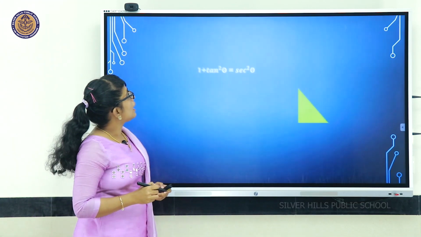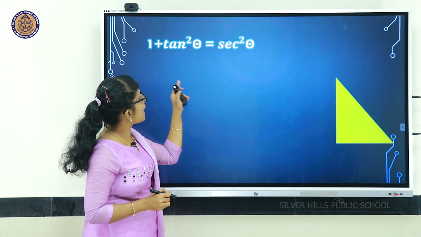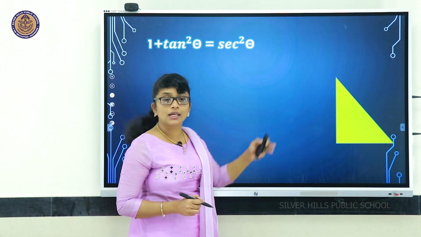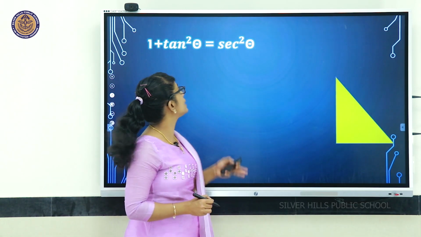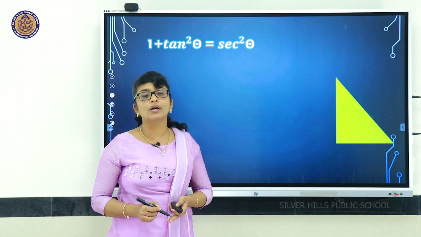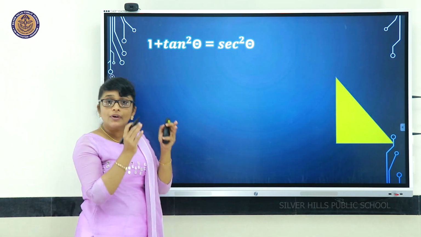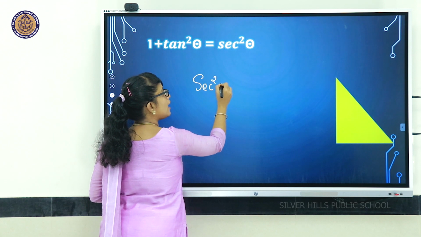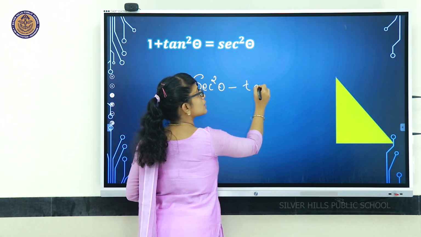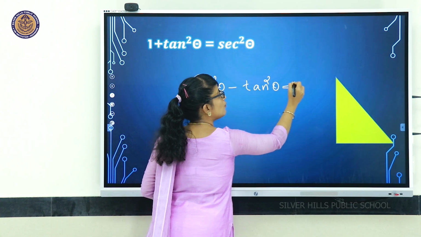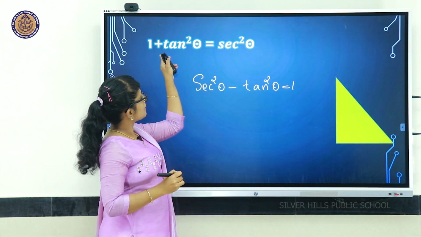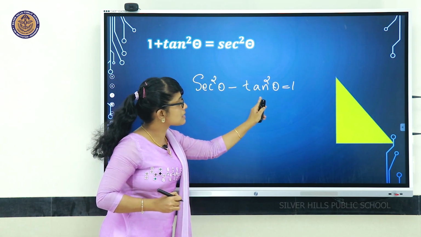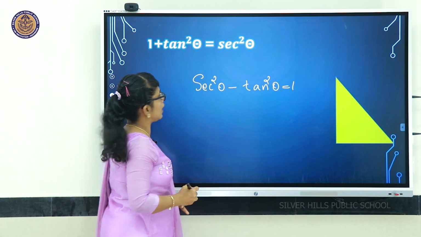Same as we can do with the next identity, 1 plus tan square theta equal to sec square theta. I already told you, by using the Pythagoras property we can prove this identity. Then from this identity, we can form sub-identities. What is that? Sec square theta minus tan square theta equal to 1. Sec square theta, this tan square theta is transposing, then sec square theta minus tan square theta equal to 1.